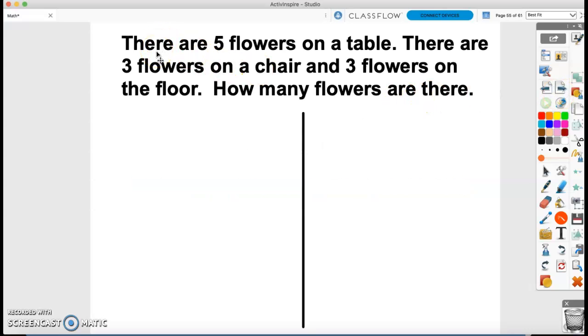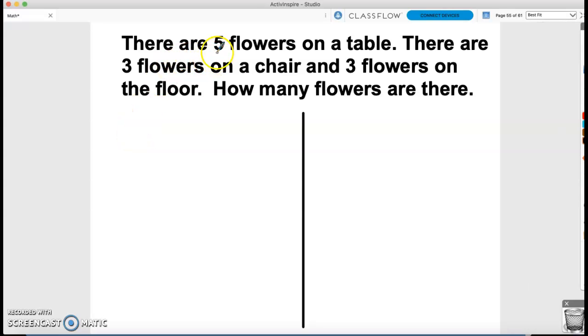The problem says, there are 5 flowers on a table. There are 3 flowers on a chair and 3 flowers on the floor. How many flowers are there? So, I'm going to draw a picture and label it to show what I'm doing.